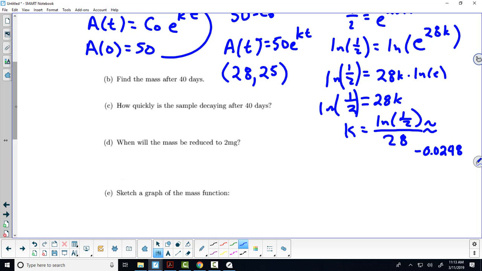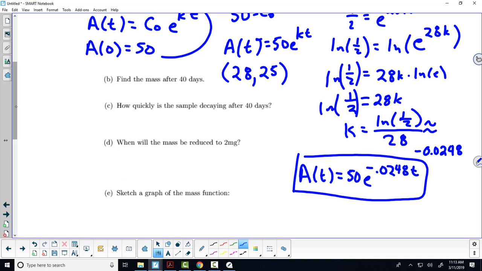So maybe we call it that. Approximately. Does it make sense that the k value came out to be negative? Yeah. How come? It's decay. It's a decay problem, right? So finally, we've got our function. Our function is that a of t equals 50 e to the negative 0.0248 t. And this will model how much of this strontium-90 we have at any point in time.